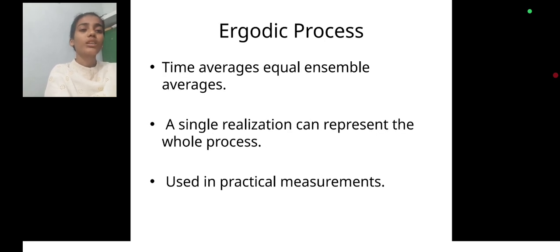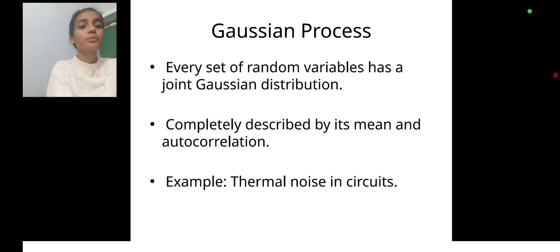And ergodic processes: time averages equal ensemble averages. A single signal realization can represent the whole process. It is also used in practical measurements. Gaussian processes: every set of random variables has a joint Gaussian distribution, completely described by its mean and autocorrelation.